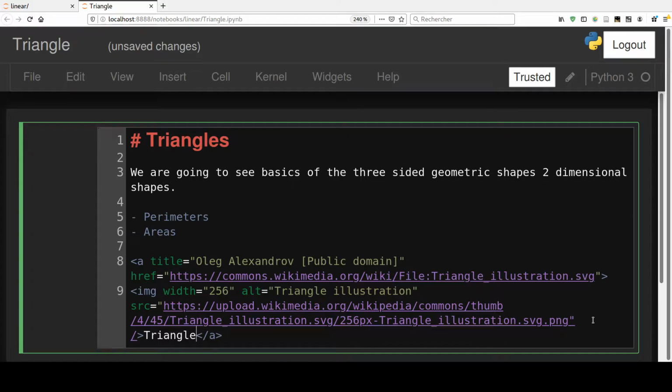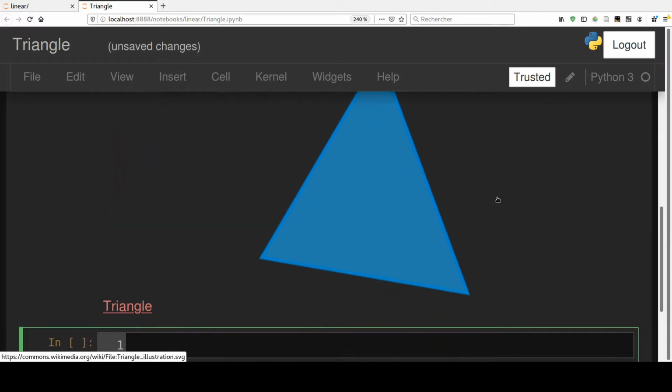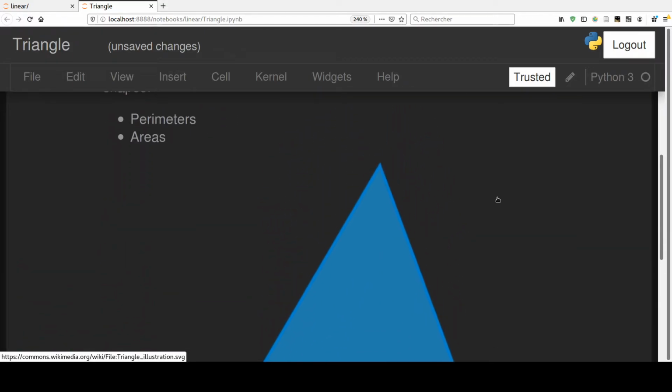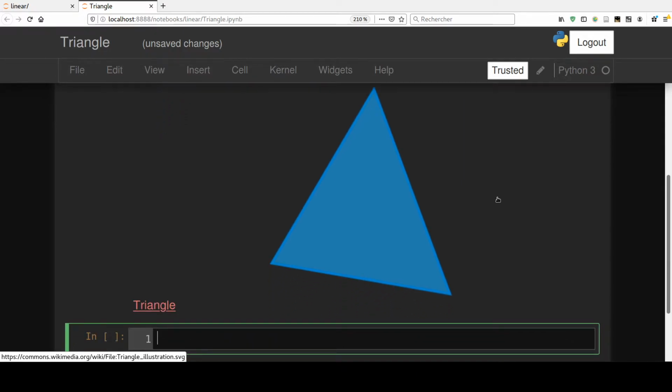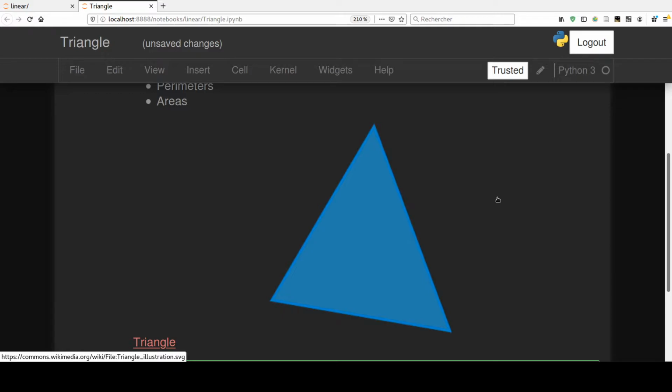Here we go. Let's see what that gives. Here is a simple triangle, a blue one that is. Now, how do we compute the perimeter of this triangle?